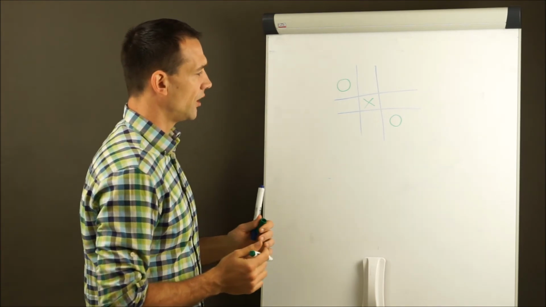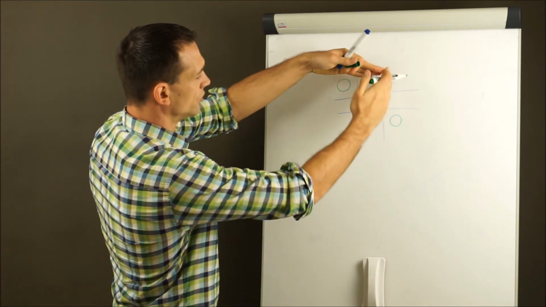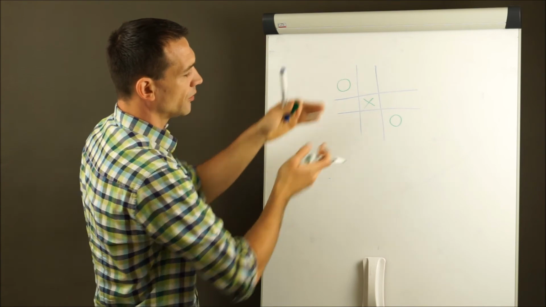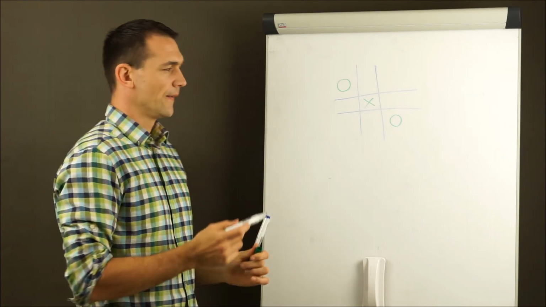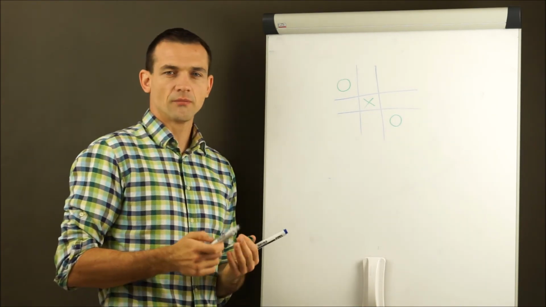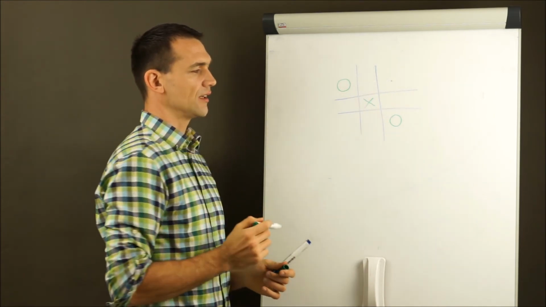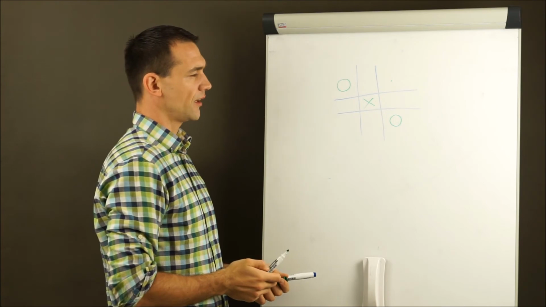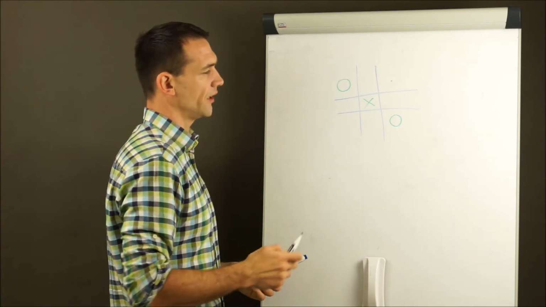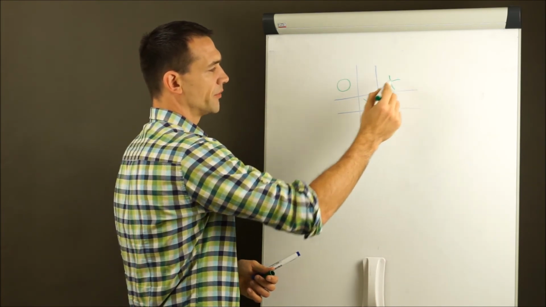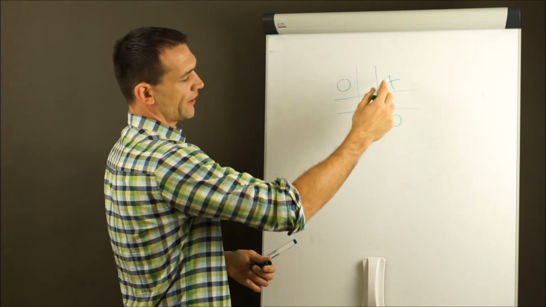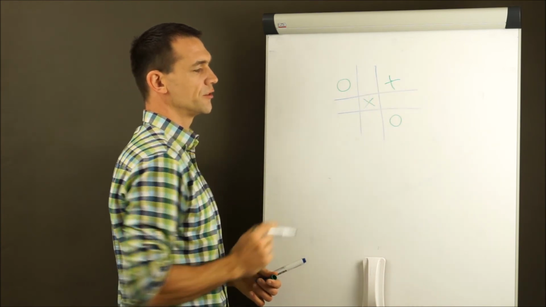He wants to have at least 2 rows that are winning. And the simple recursive branching algorithm will evaluate this field as the highest, the most prized field, and will put a cross here because it might lead to creating a winning situation.